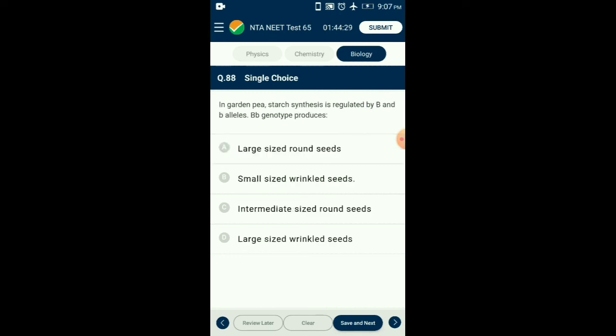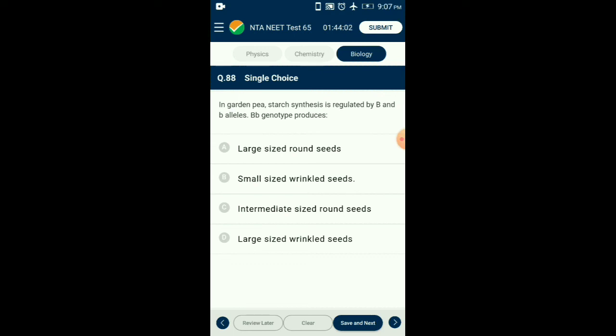Question number 88. In garden pea, starch synthesis is regulated by capital B and small b alleles. Capital B, small b genotype produces what? A single gene product may produce more than one effect. For example, starch synthesis in pea seeds is controlled by one gene. It has two alleles, capital B and small b.